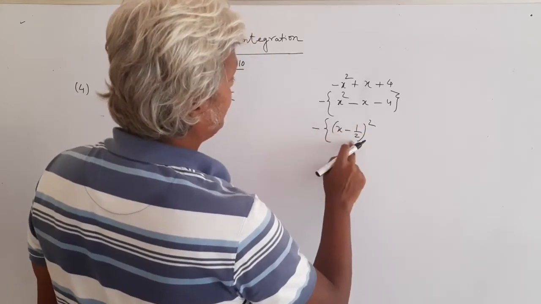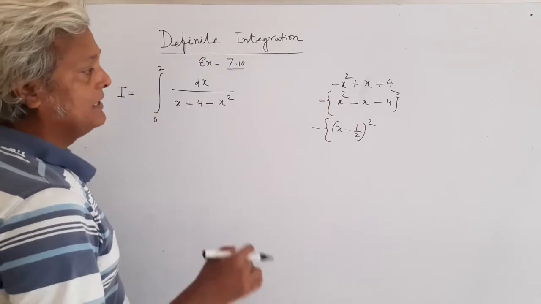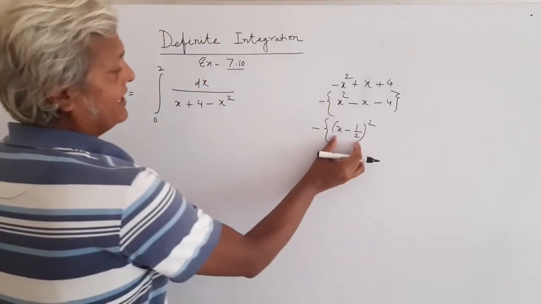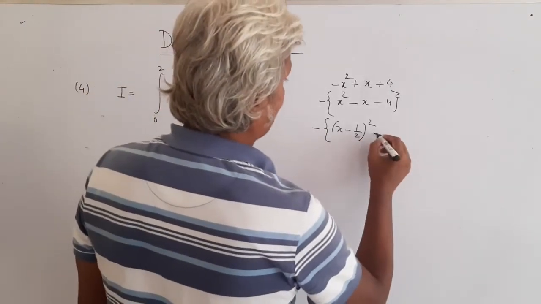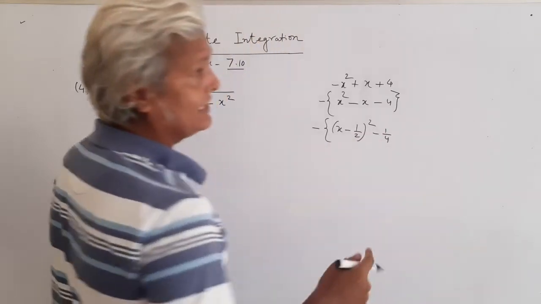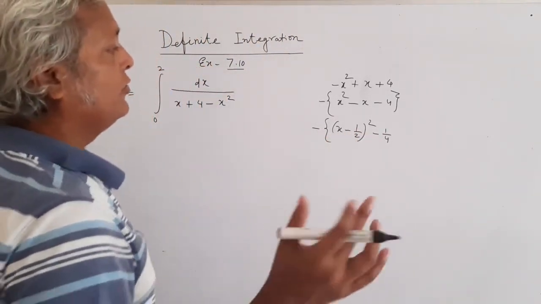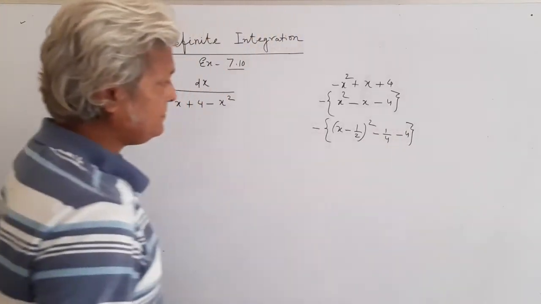So when you write x minus half whole square, you get x square minus x, that is the 2ab term. Then plus you need 1 by 4 positive, that is added and included into this one. So the extra 1 by 4 what we have added, we need to subtract. I may be speaking a little differently, but if you explain this whole narrative, you will find that I was correct. So minus 4.